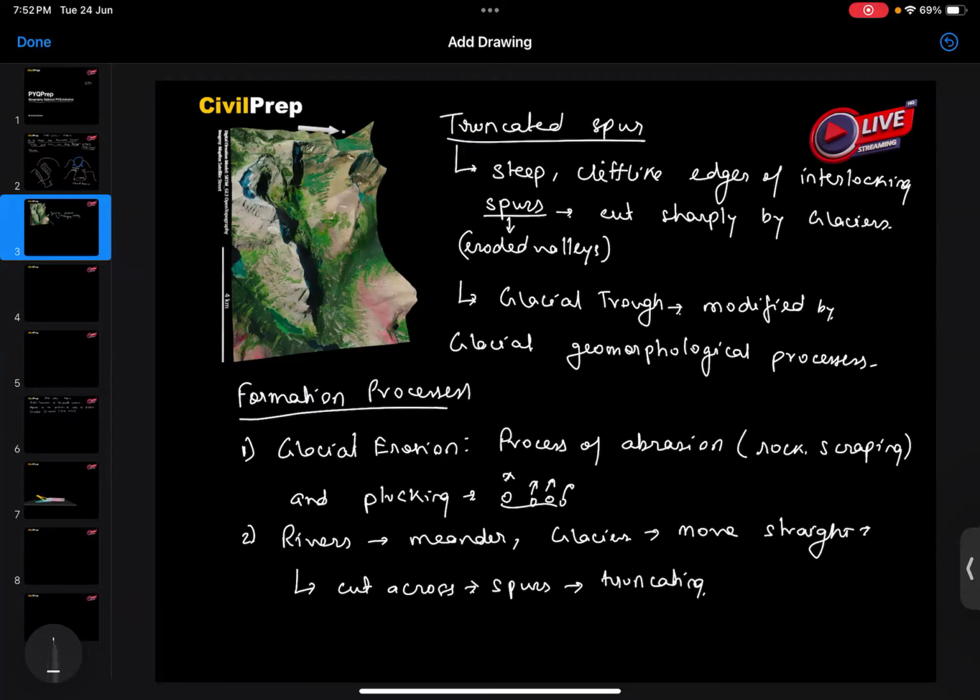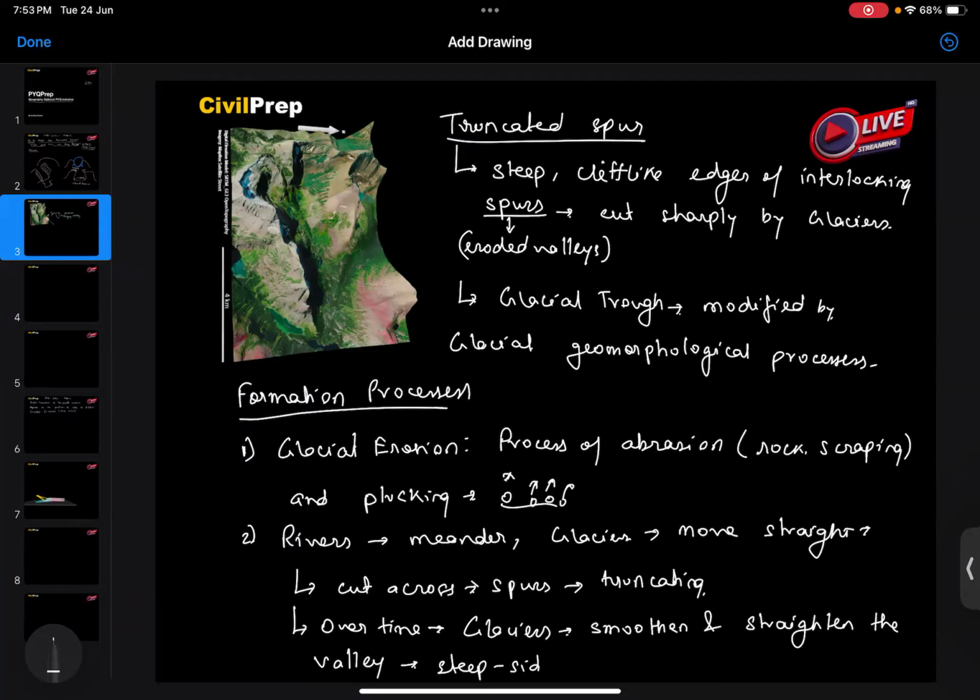So over time, what will happen? The glaciers smoothen and straighten the valley, leaving behind steep-sided spurs.